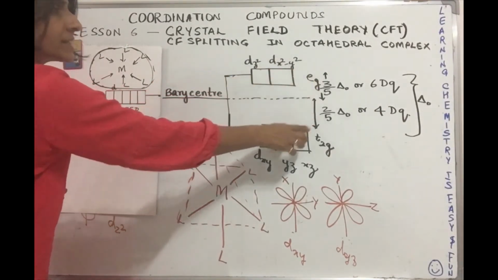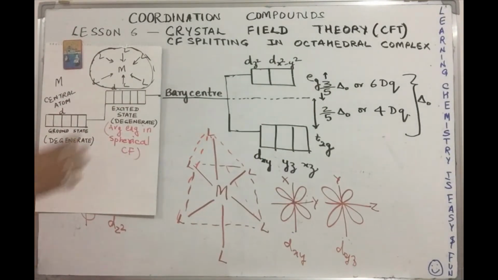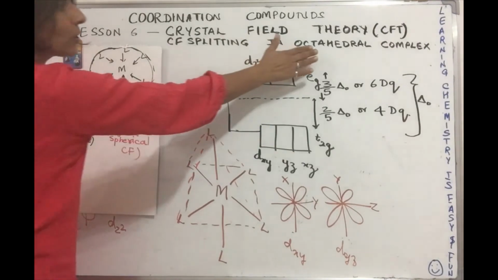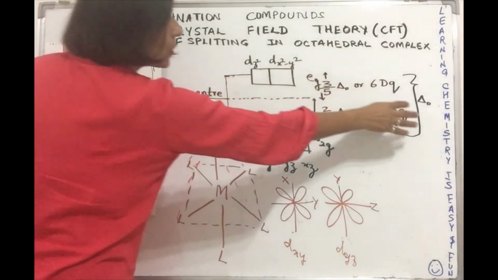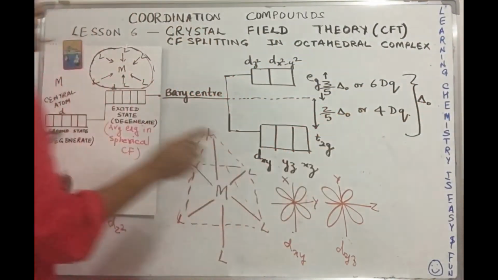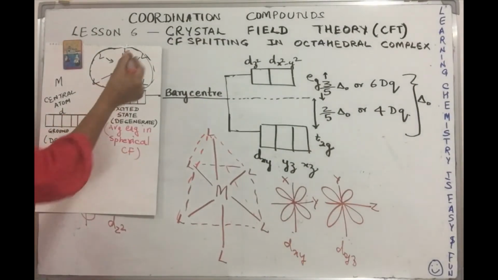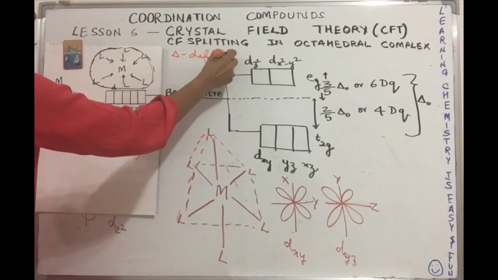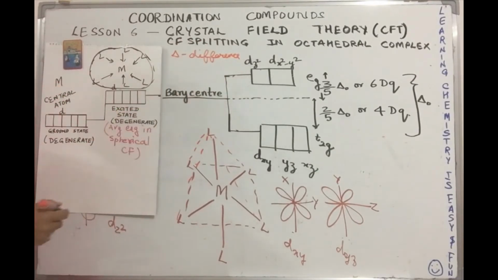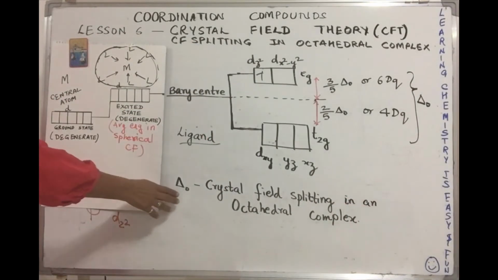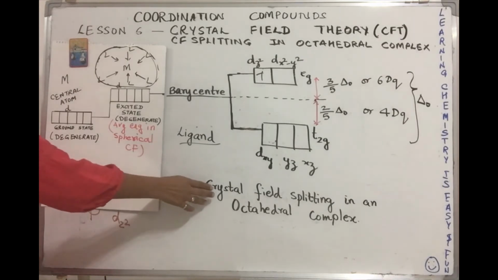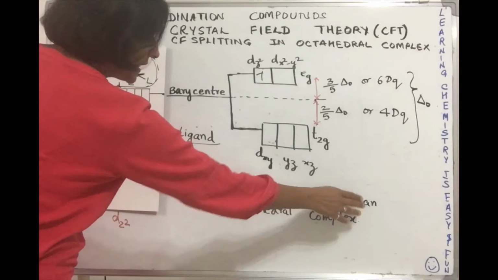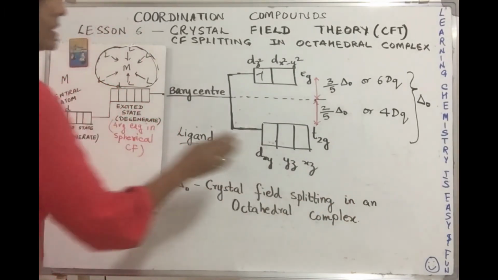This difference in energy of the orbitals due to the approach of ligands in an octahedral complex is called delta O. Delta stands for difference and O stands for octahedral. So delta O stands for crystal field splitting in an octahedral complex.